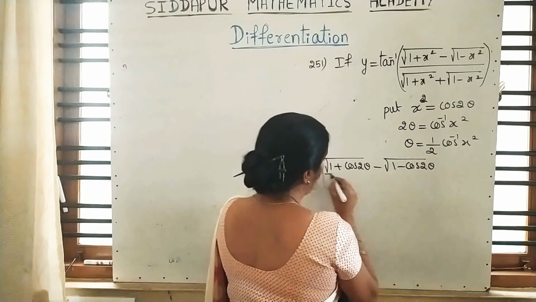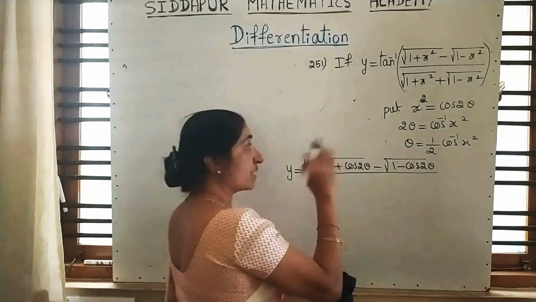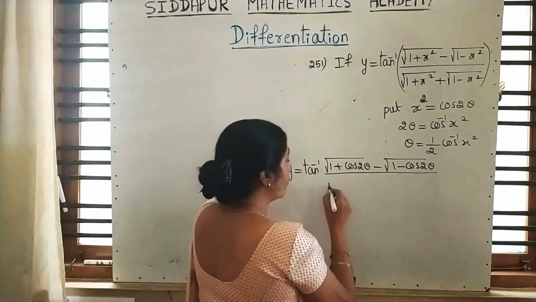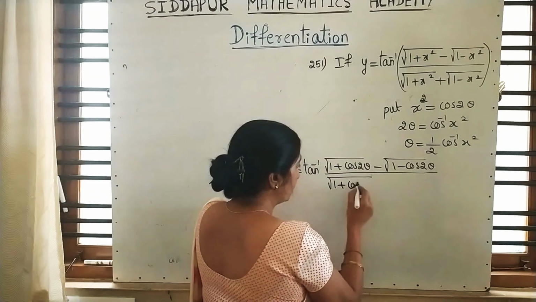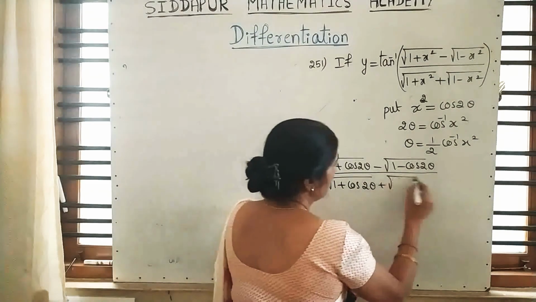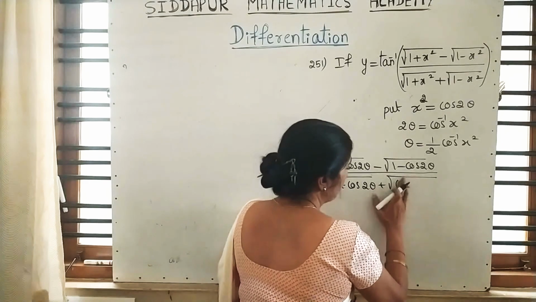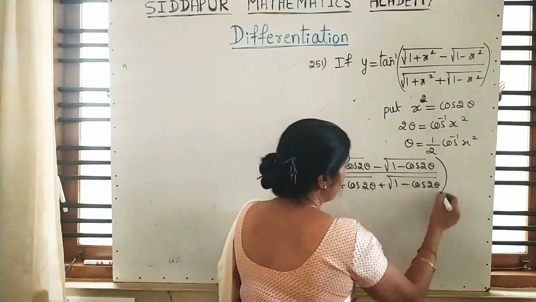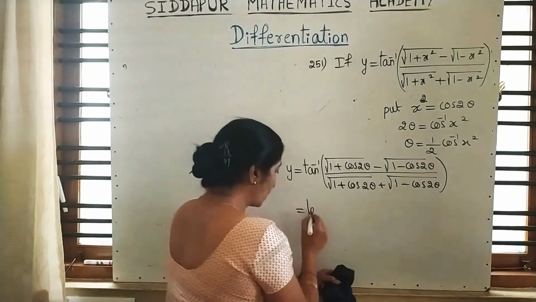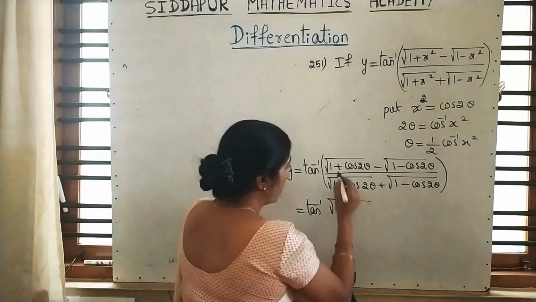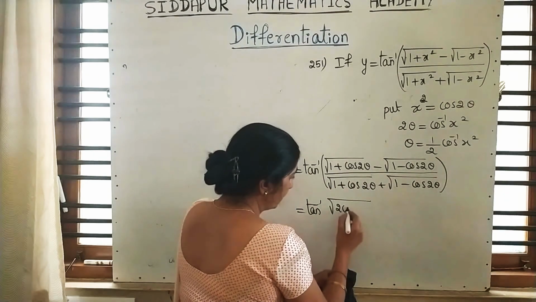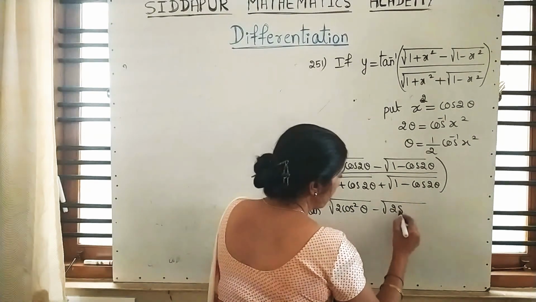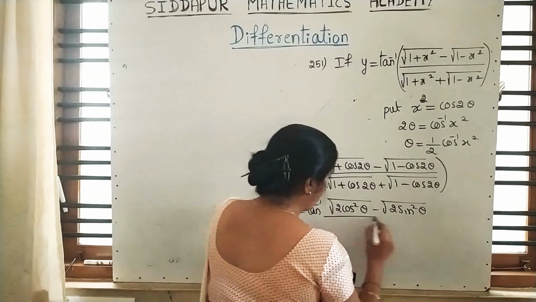Please note down, if they have 4 square roots and they differ only by sign, write down whatever term is present as cos 2 theta, and write down their multiples and submultiples. 1 plus cos 2 theta is 2 cos square theta. 1 minus cos 2 theta is 2 sin square theta.